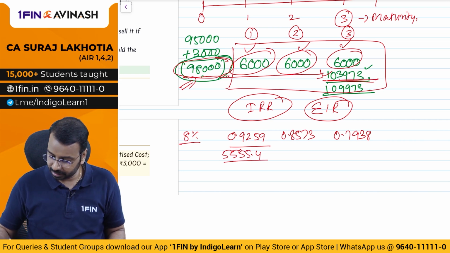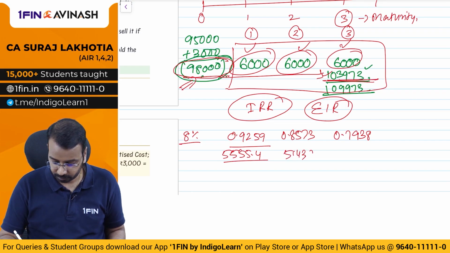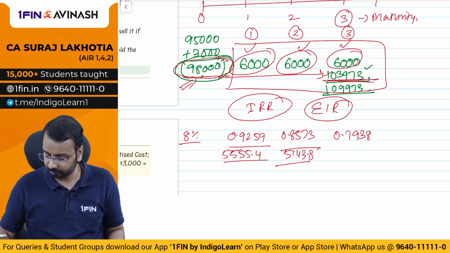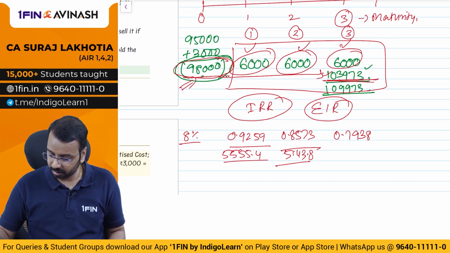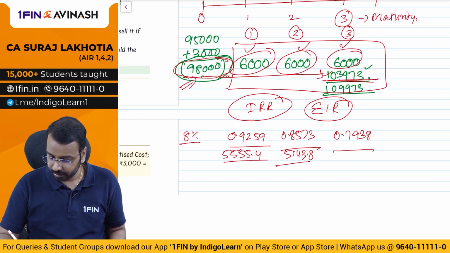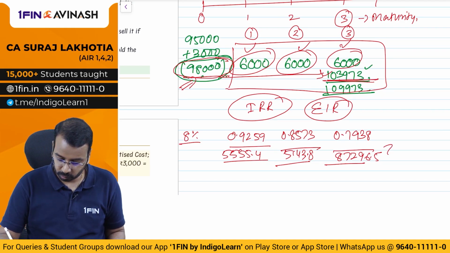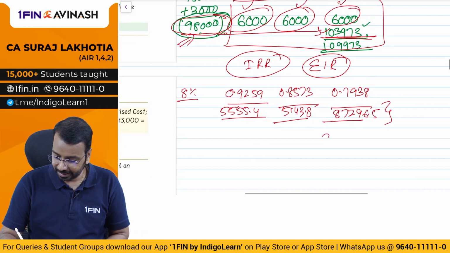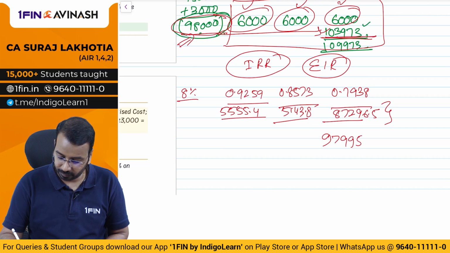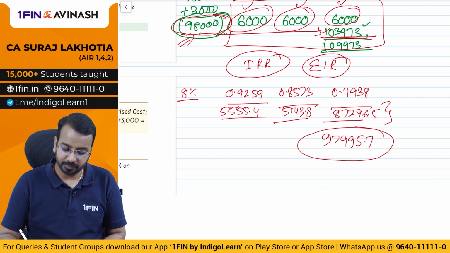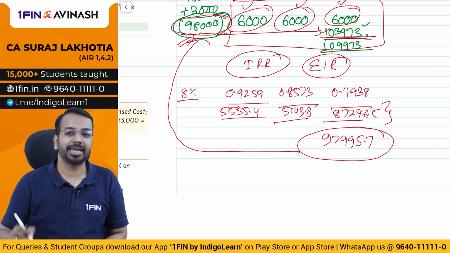Then 6000 into 0.8573 is equal to 5143.8. Then 109973 into 0.7938 is equal to 87296.5. Grand total, I get total of all of this 97995.7, which is approximately equal to 98,000.